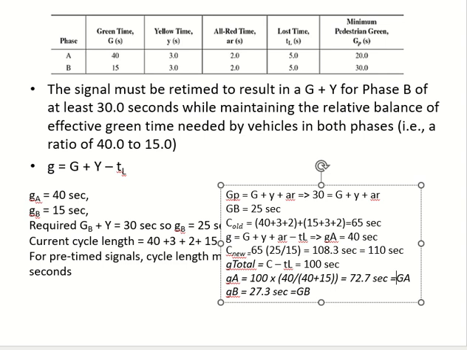I calculated total effective green by subtracting the total loss time, and then the total time was divided using the same ratio in which the initial cycle length was divided. Okay, clear? Any questions?